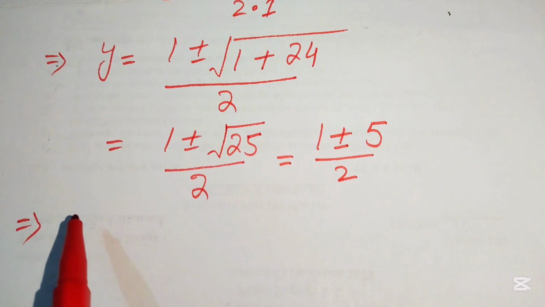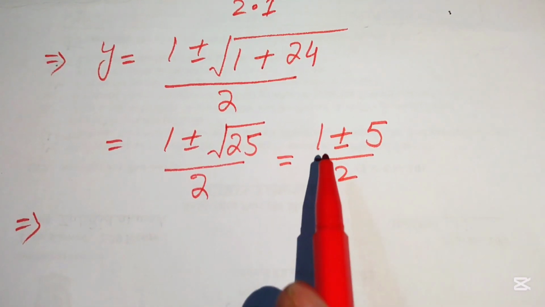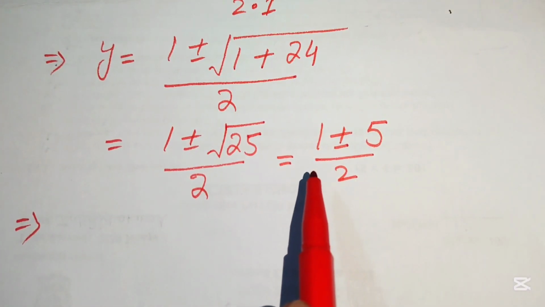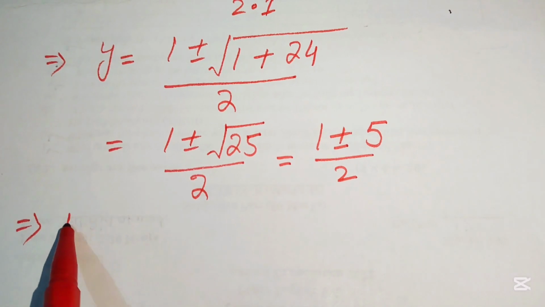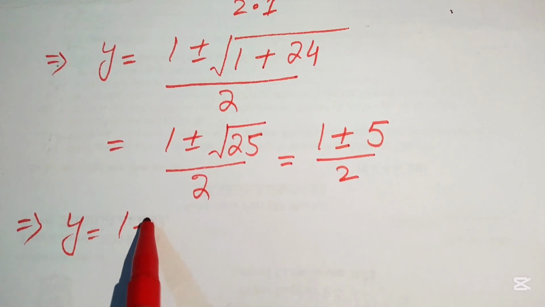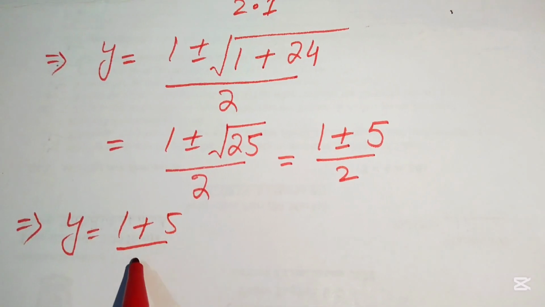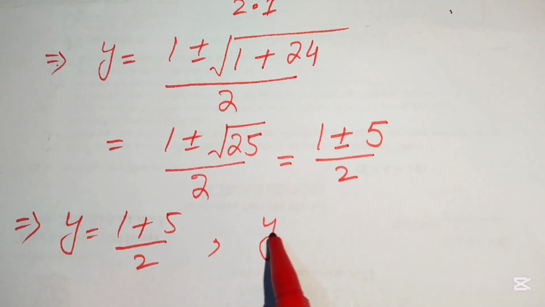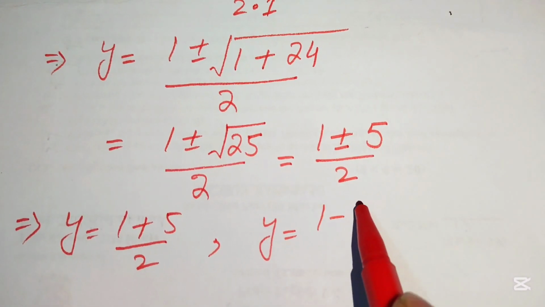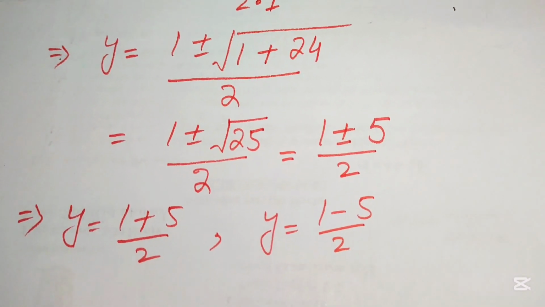This expression implies that we break this combined value into two forms. First we write the positive value, 1 plus 5 divided by 2, and here we write the negative value, 1 minus 5 divided by 2.